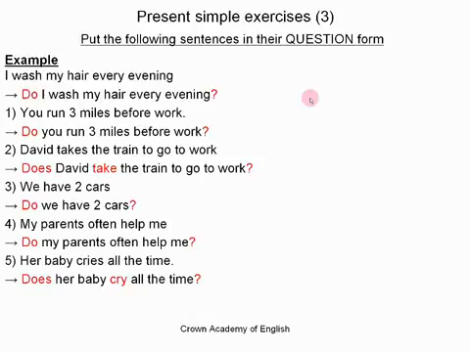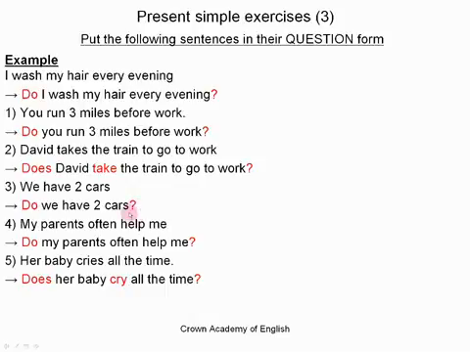Okay, so that's the end of the question form exercises. So if you look at all those answers on the page, you can see it's quite easy. On all of them, you just add the word do to the beginning of the sentence, and then you put the question mark at the end.